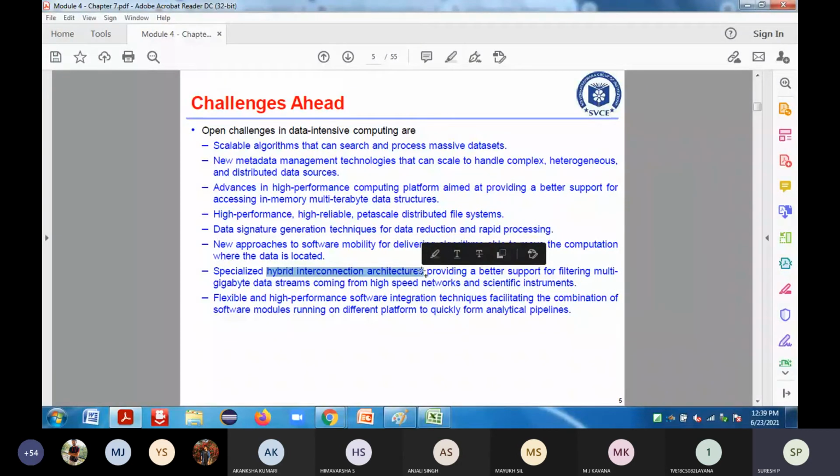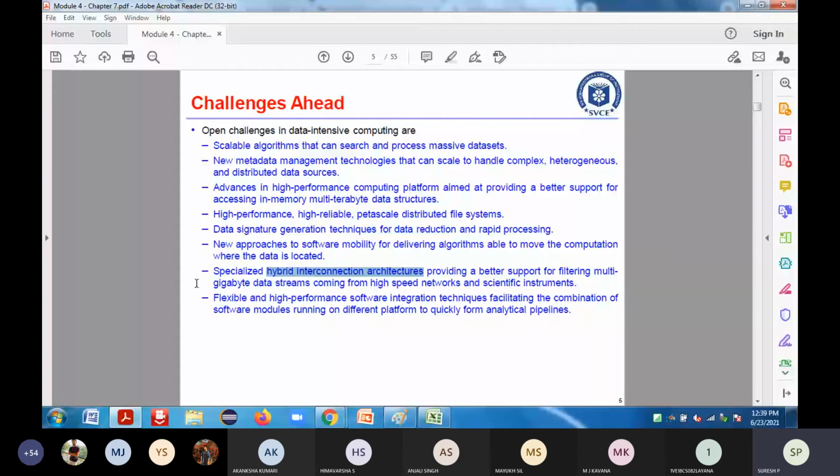Whatever data stream is coming will be filtered. From where it is coming? It may be coming from high-speed networks, or from scientific experiments, or from some other sources.